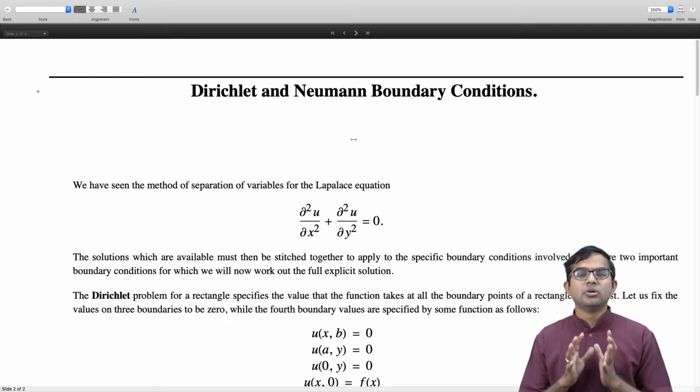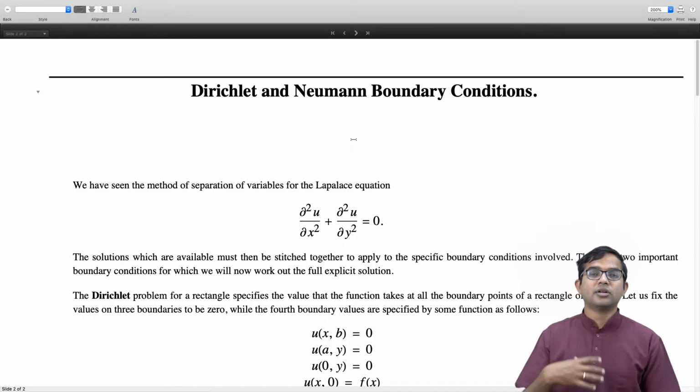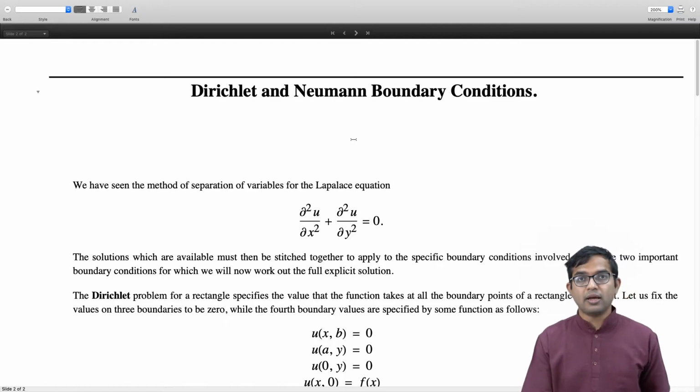There are these two important boundary conditions, which are the standard starting points to apply the separation of variables technique. One of them is called the Dirichlet boundary condition. The Dirichlet problem for a rectangle is where we specify the value of the function at all points on the boundary.